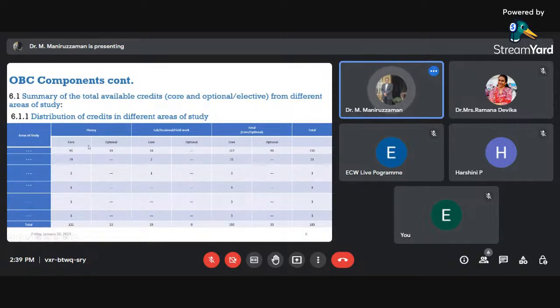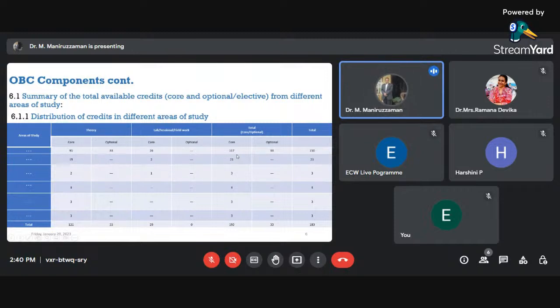And we can have lab or sessional or fieldwork related activities for core and optional courses. Here for core courses, we have got 6 credits, but for optional courses, nothing, 0. In total, for core courses, 91 plus 26, 117, and optional courses, 33, and total credits, 150.